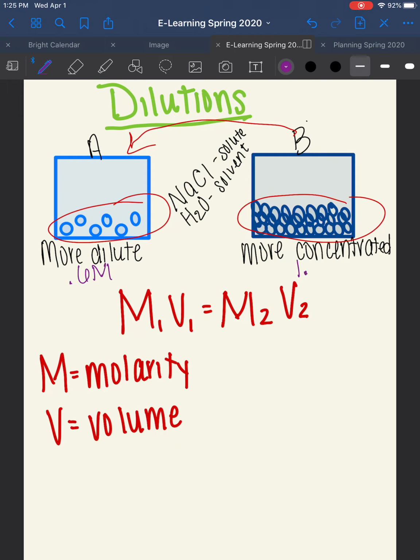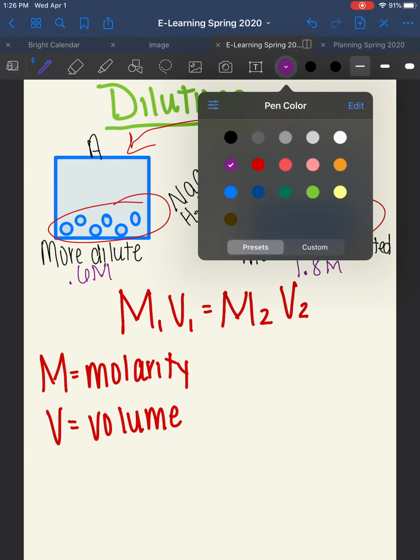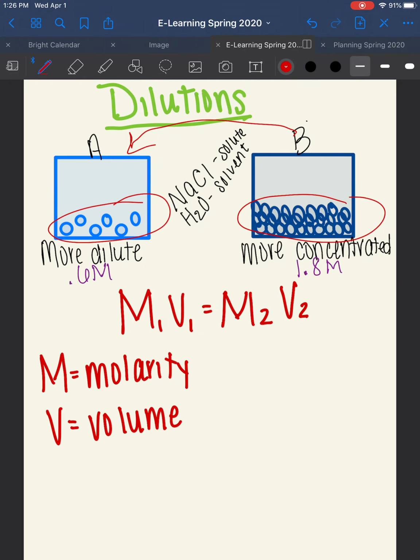So instead of 0.6, this has a concentration of 1.8. So how do I go from having a molarity of 1.8 molar to something that's a lot more dilute, of 0.6 molar? In order to do that, we are going to be using the dilution equation.